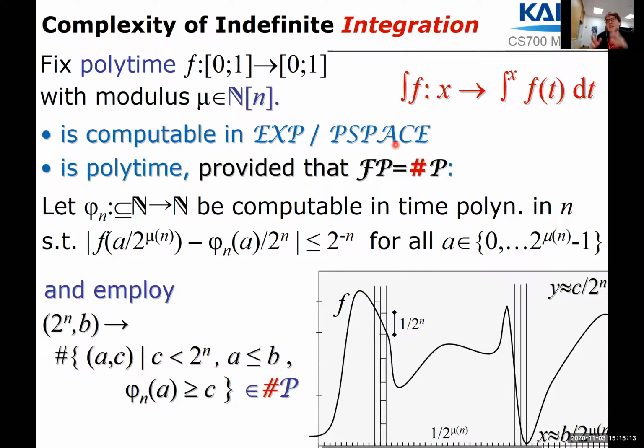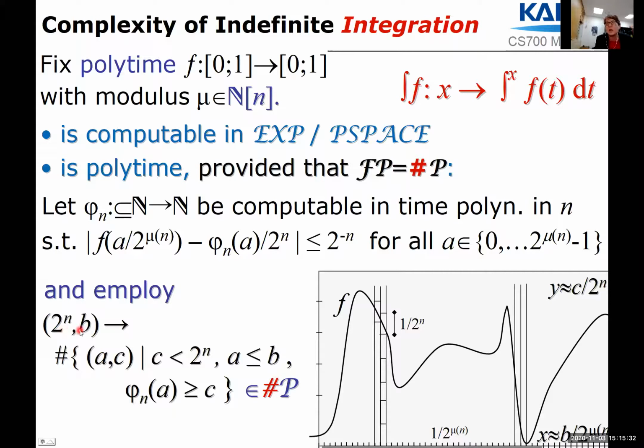the design and analysis of the sharp P algorithm proceeds by generalizing our previous considerations. So let me recall our previous consideration. Previously, there were 3 arguments to a decision problem, and now we have only 2 arguments to a function problem.